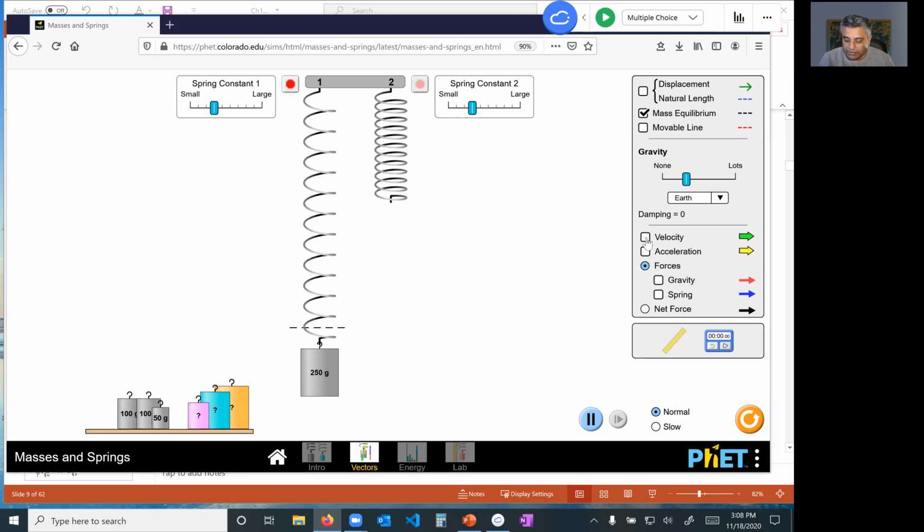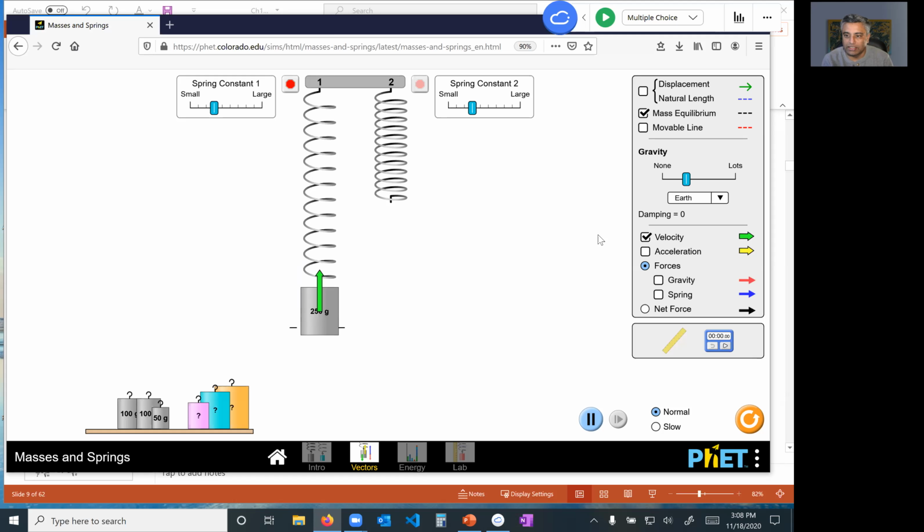So I am trying to look at how the velocity is changing. For that, I'll just choose the velocity here and see how the arrow is very long near the equilibrium and how it gets shorter and shorter, and then it just flips the direction from the maximum displacement point.